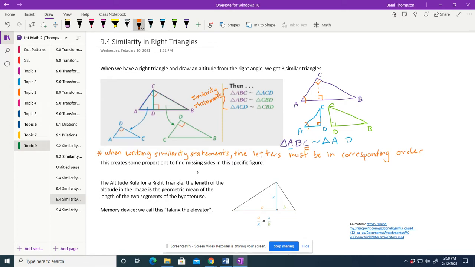This tells me that angle B, the third angle in the purple triangle, must be congruent to angle C, which is the third angle in the blue triangle. So I have this similarity statement. I'm going to keep moving with this logic.